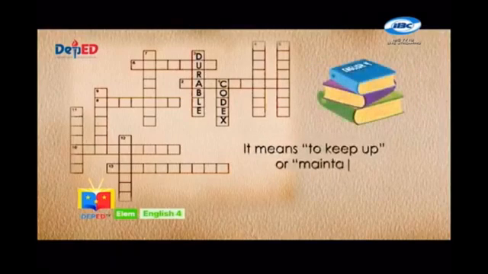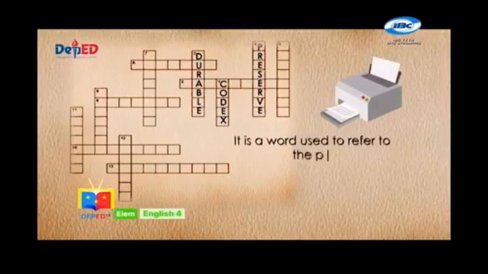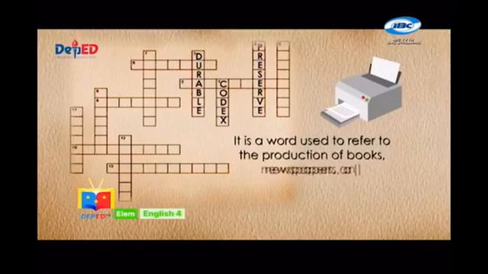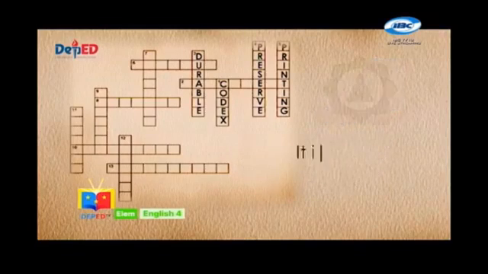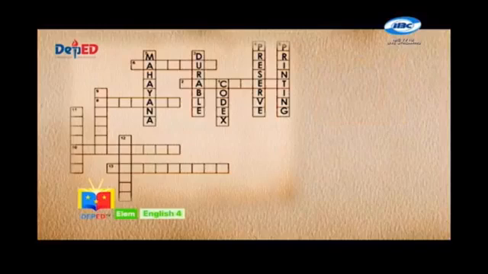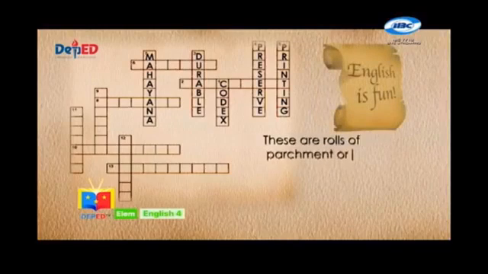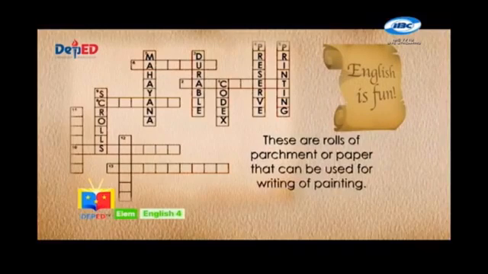To keep up or maintain also means to preserve. Number 5. The production of books, newspapers, and other printed materials is simply called printing. Number 7. One branch of Buddhism is Mahayana. Number 9. Rolls of parchment or papers used to write on and paint on are called scrolls.